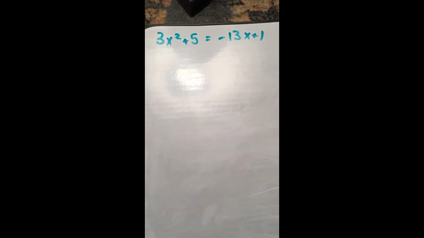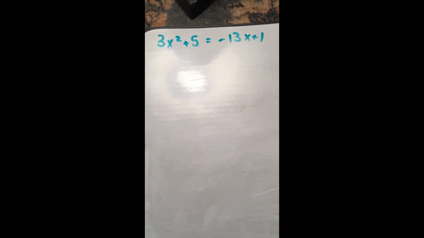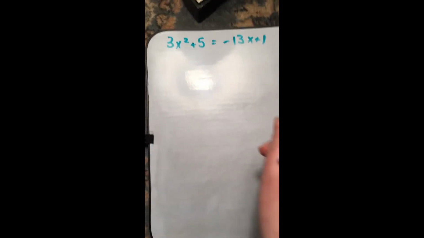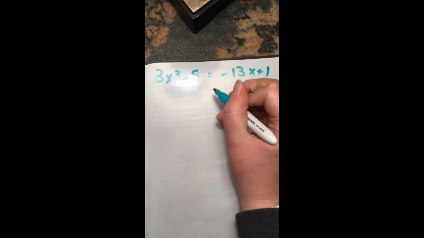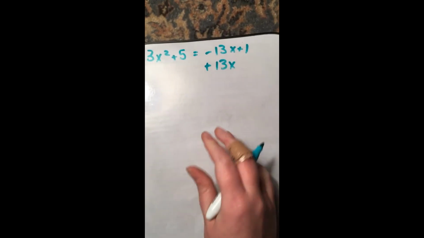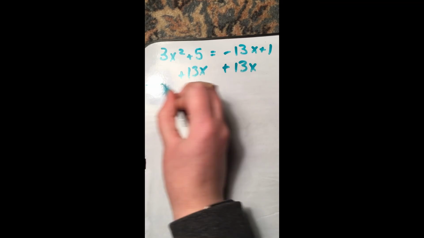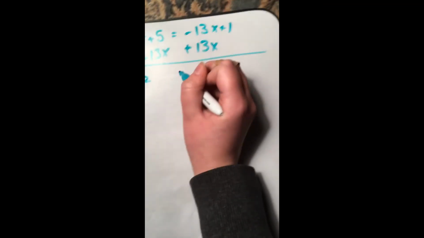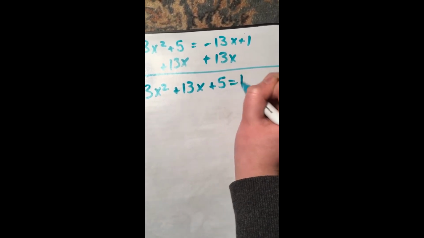Alright, so let's look at this equation now. 3x squared plus 5 equals negative 13x plus 1. Alright, like always, first thing we have to do is put it into standard form. So we're going to add a 13x to both sides. 3x squared plus 13x plus 5 equals 1.